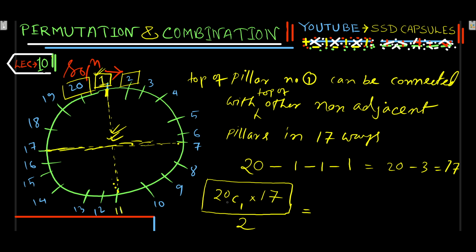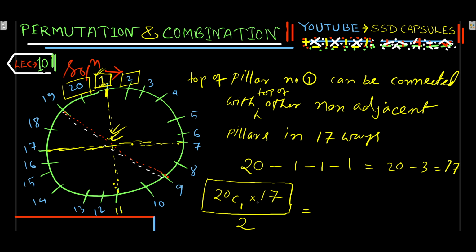Similarly, it includes the beam connected from the top of pillar number 19 with the top of pillar number 9, and vice versa, from the top of pillar 9 with pillar number 19.